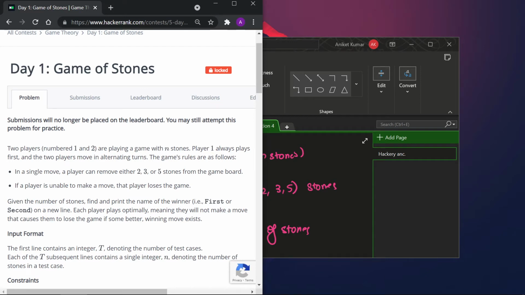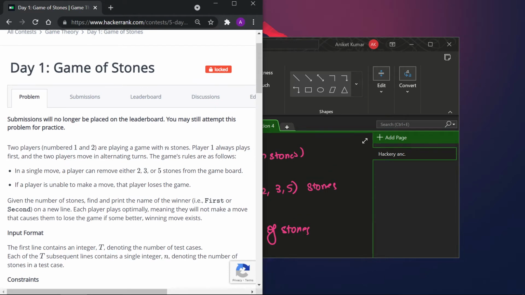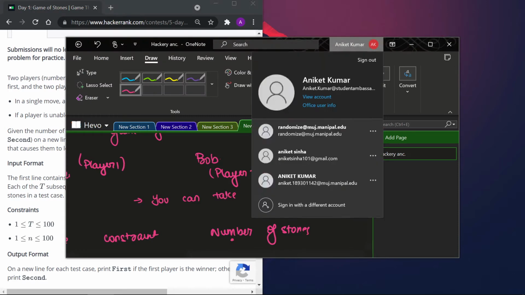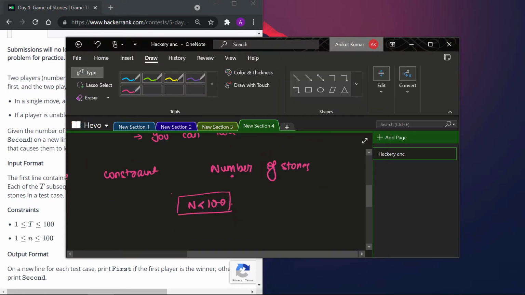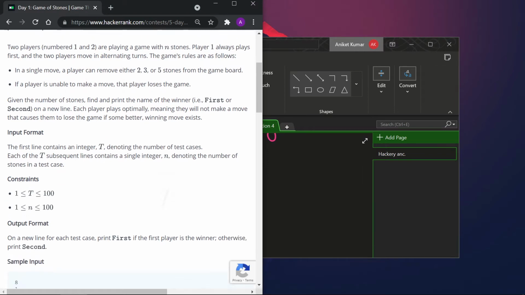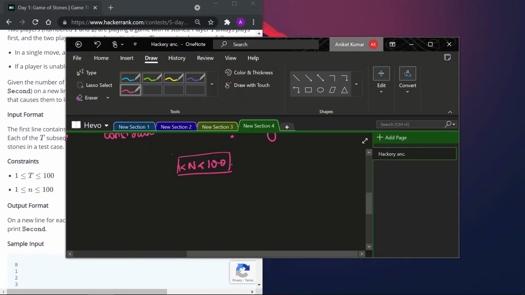Players are restricted to removing either 2, 3, or 5 stones from the board, and the value of n is in the range of 1 to 100. The player who wins the game is declared the winner, right?